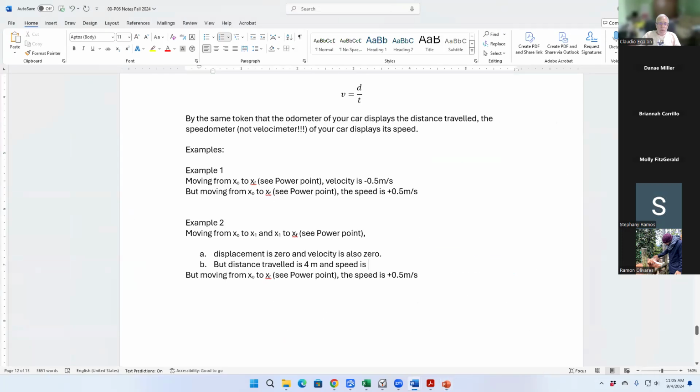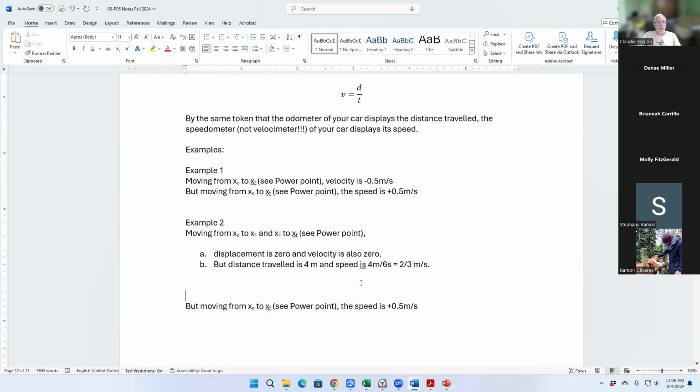The speed is going to be 4 meters divided by 6 seconds, or 2/3 meters per second.